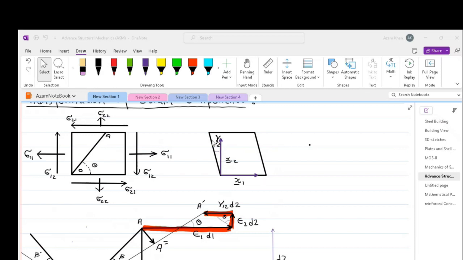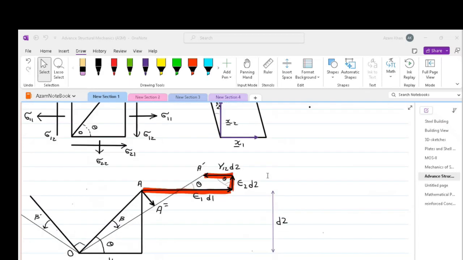In other words, this is just tangent theta is equal to perpendicular by base. Since we are dealing with very small distortion, tangent theta is approximately taken equal to theta, and theta is gamma 1 2. That gamma 1 2 is multiplied with the base D2 to get the shear distortion, which is gamma 1 2 times D2.